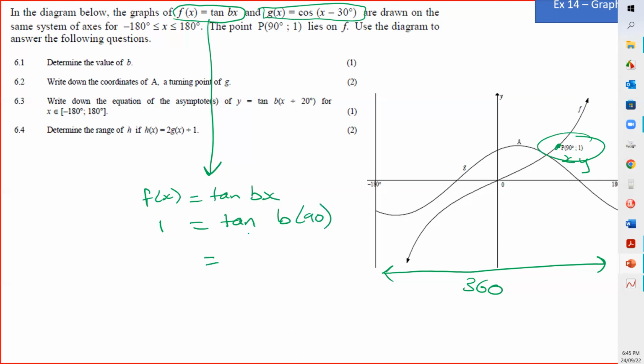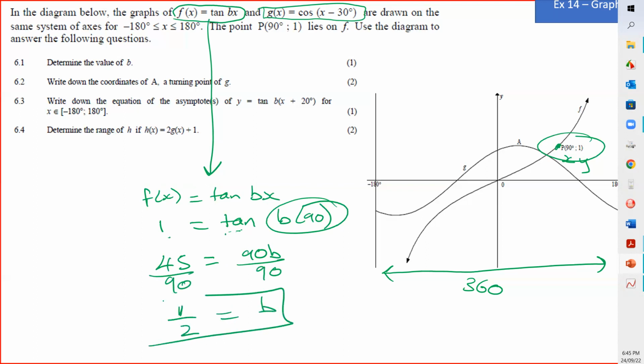So to get rid of the tan, we use our calculator. We'll say shift tan 1. Remember this is the entire angle. Shift tan 1 should give you 45. So 90b is equal to 45. And then we can divide both sides by 90, and that gives me b to be half. So that's a quick way to do it via substitution.